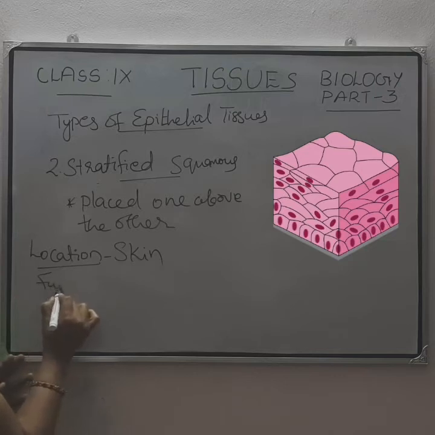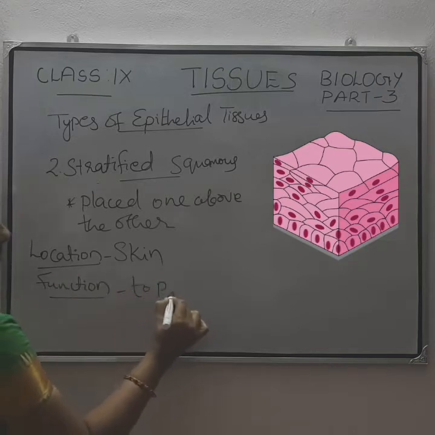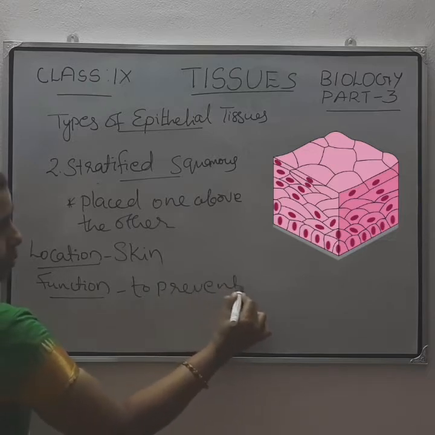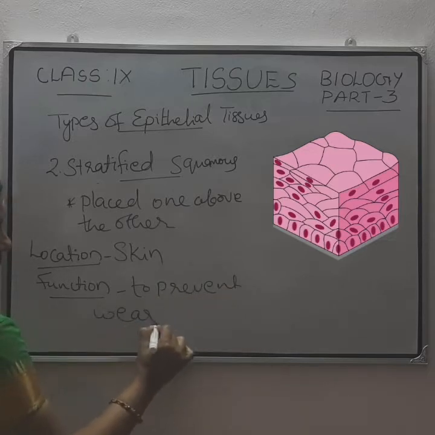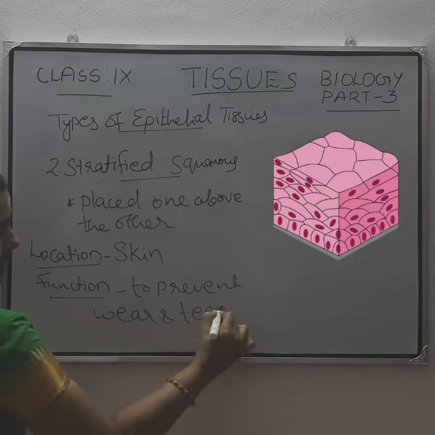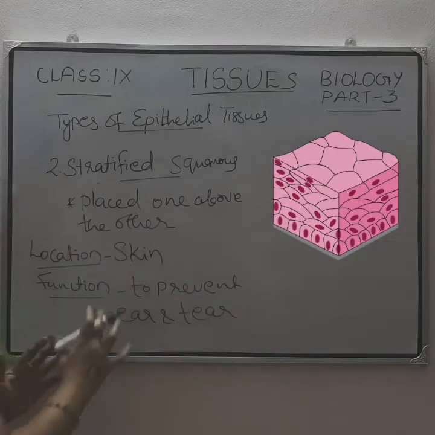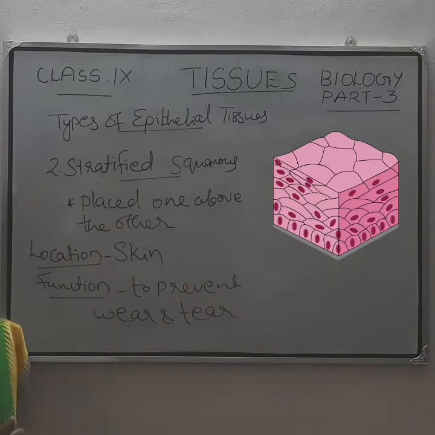Then what is its function? Its function is to prevent wear and tear. It is very thick in nature, so it is mainly protective in function. So once again, the second type of epithelial tissue is stratified squamous epithelial tissue.